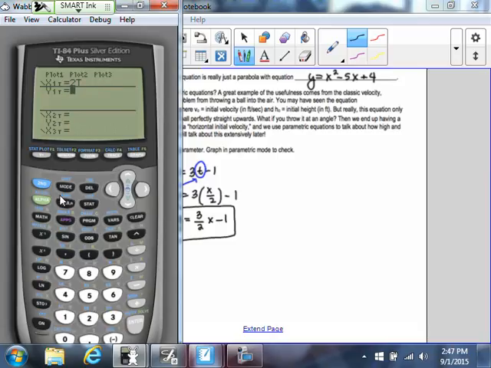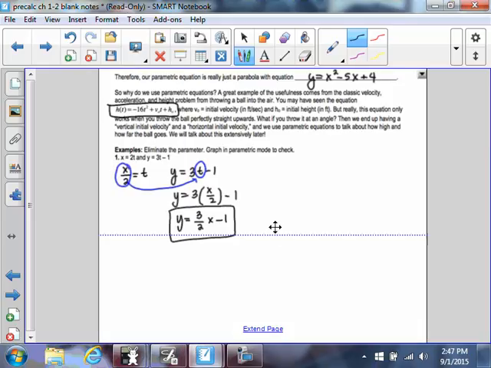Was that what it was, 3t minus 1? Yeah. And you should get a line that goes through -1 for the y-intercept. It has a slope of 3 over 2. So it takes a little bit. And you do get that. So you can check, but it's the same thing. Okay? So it's just a different way of writing an equation of a line. An equation of anything.